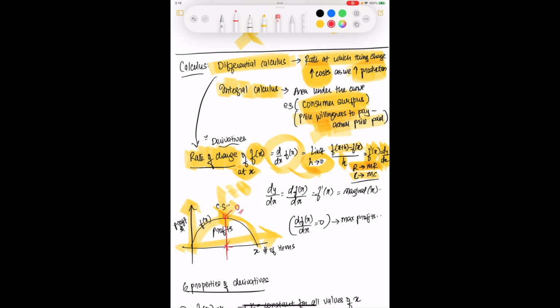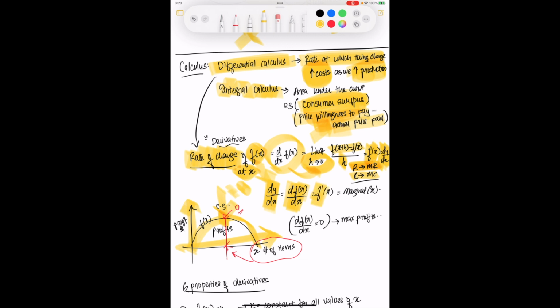So this is where practically you can find out, hey, my profits are increasing, but beyond a certain point it's actually reducing. So if you want to find out how many items you should be producing, you would want to understand how to find the differential. So f of x differentiated can also be written as dy by dx. It can also be written as d f of x by dx.